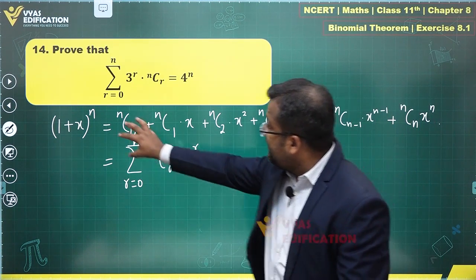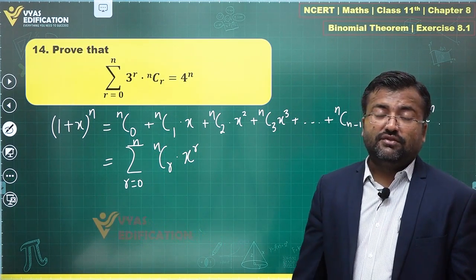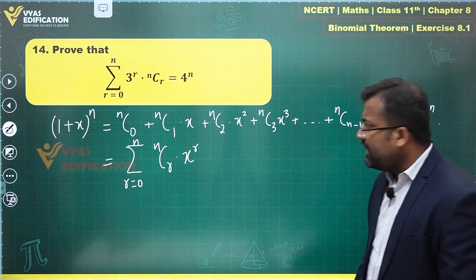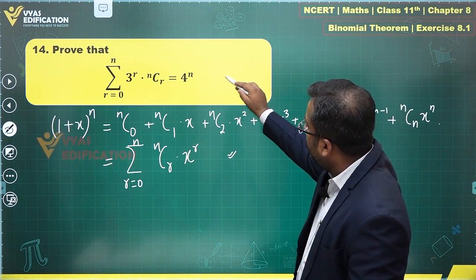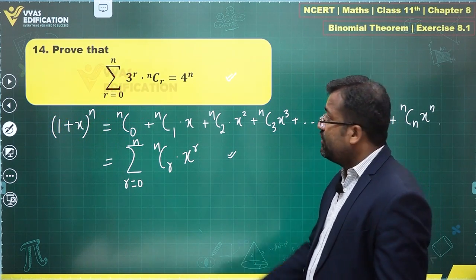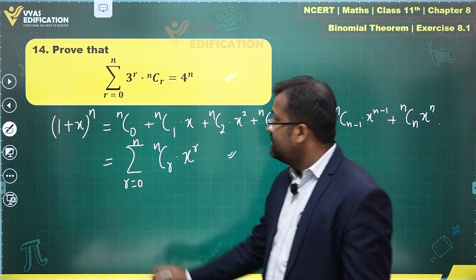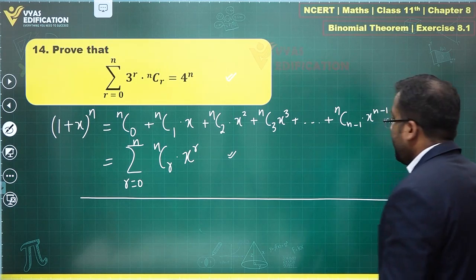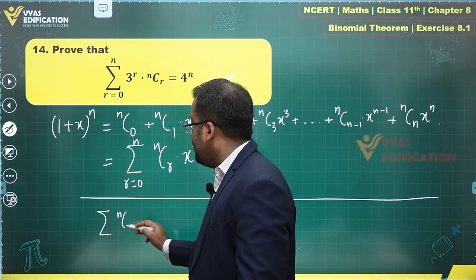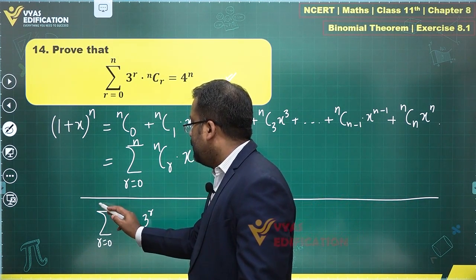So this expansion has been written in a shortcut form in terms of the sigma. Can you compare this one with this one over here? Yes, we can, because this is nCr x power r, and this is nCr 3 power r. So with the help of this idea, what I want to write is nCr times 3 power r for r equal to 0 to n.